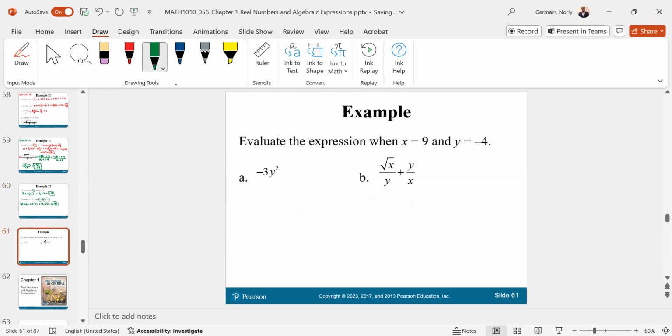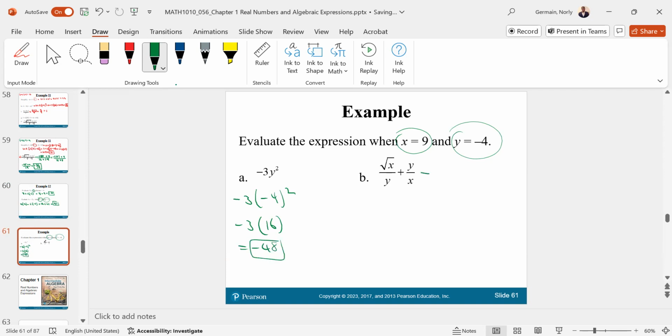If they ask you to evaluate these expressions where they give you x and y, not all the time are you going to have both. For example, in example A, we don't have x, so we would only simplify for y squared. So that gives you negative 3 times 16, and negative 3 times 16 is negative 48.